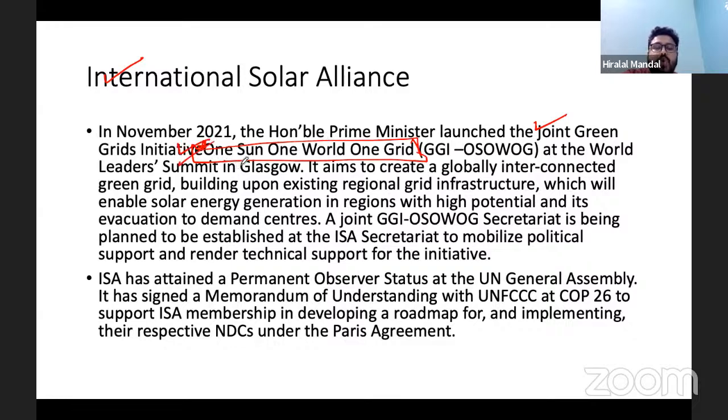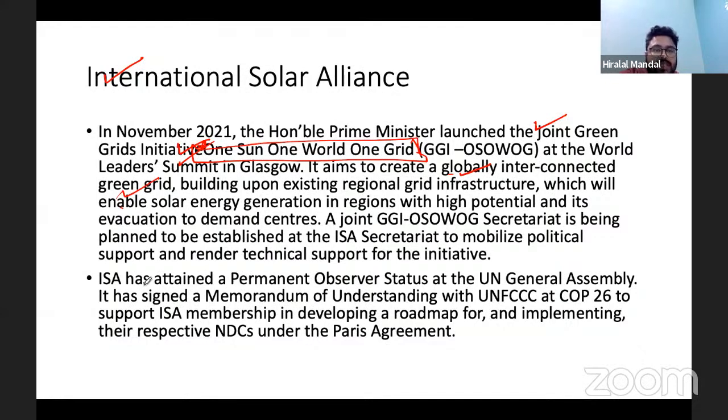Its objective is to create a globally interconnected green grid, built upon the regional grid infrastructure. That's what has been done.